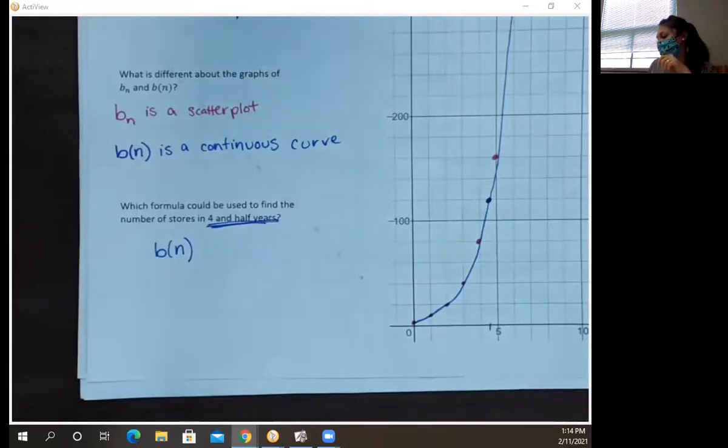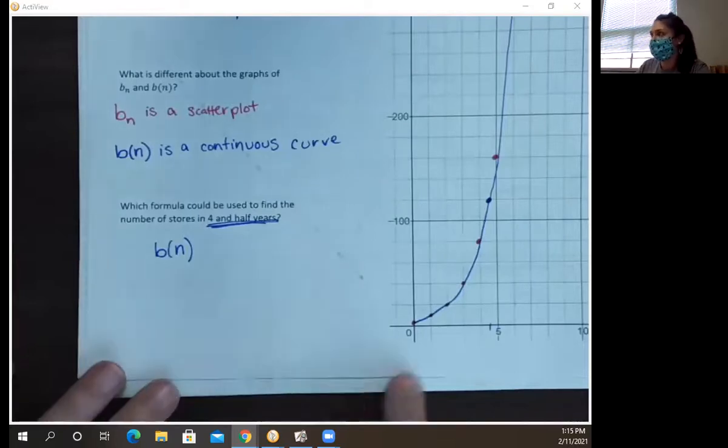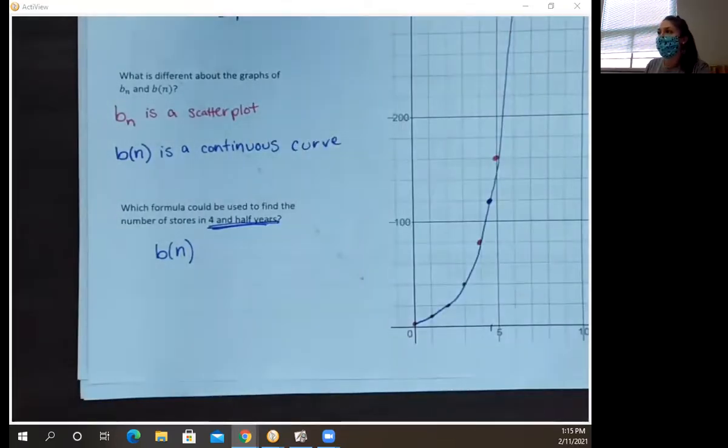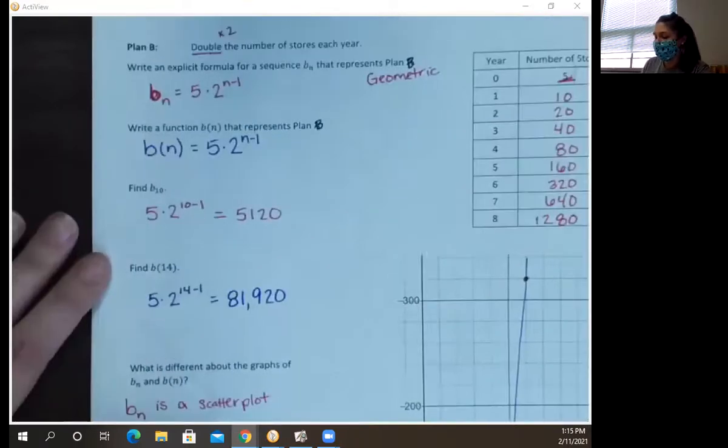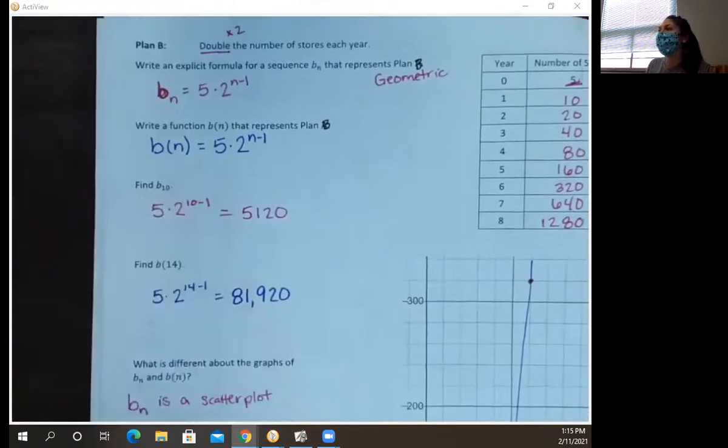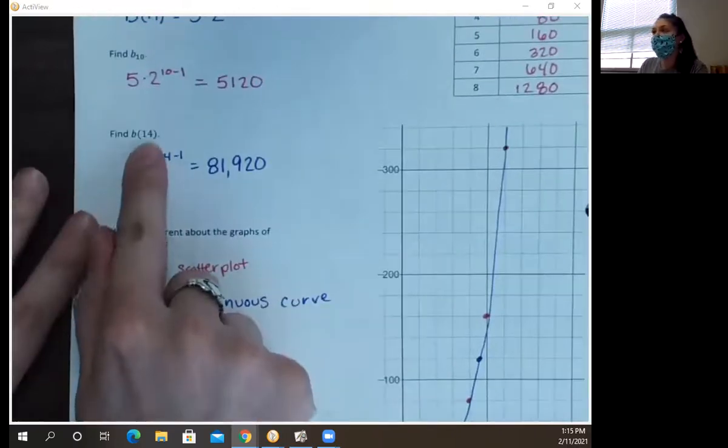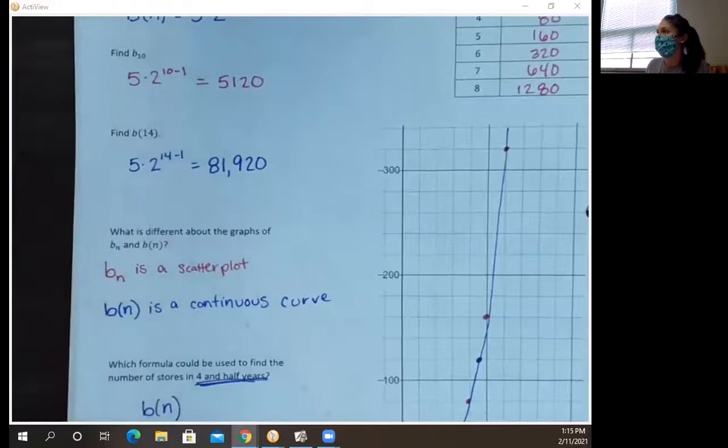So as we work through this unit, we're going to start to transition away from the sequence stuff that we talked about in our last unit and into functions, which we talked about last semester. So we're going to get back into function world. We're going to see continuous graphs. We're going to see fraction input values, right? We could have b sub 10, but not b sub 14.5. When we talk about functions, I could have inputs that are decimals or fractions.